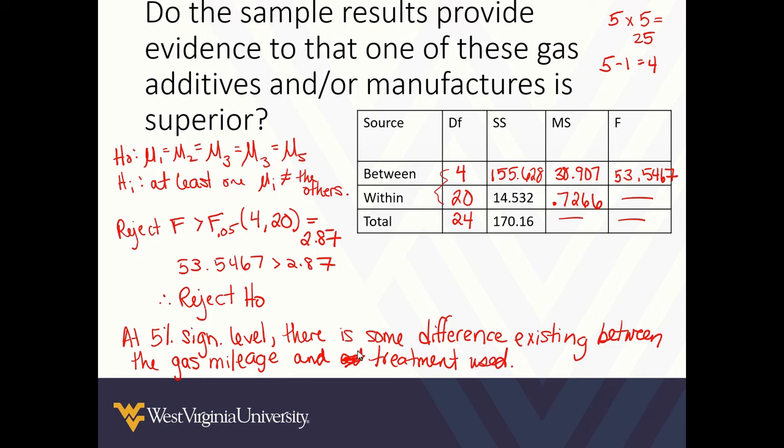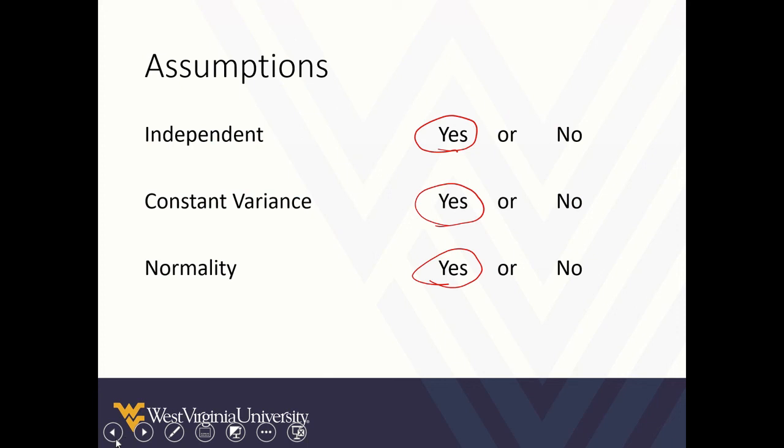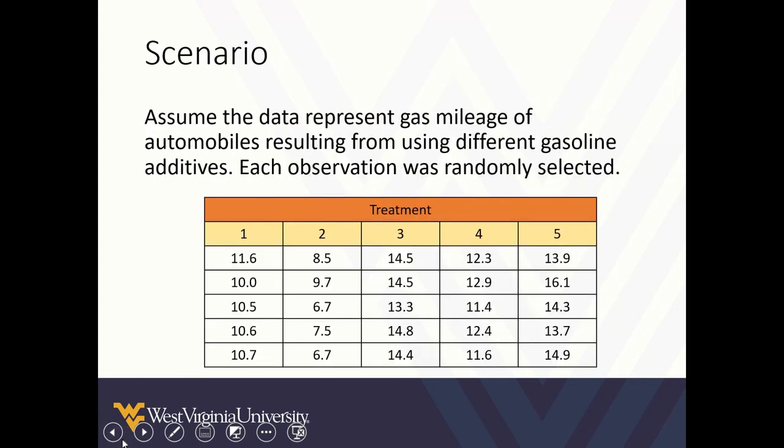Lovely. Okay, so looking back to our data, we have determined that we've got our 5 treatments and that there exists some difference within our treatment. Just looking at the data as it stands, I can clearly see that treatment 2 has lower values than the rest.